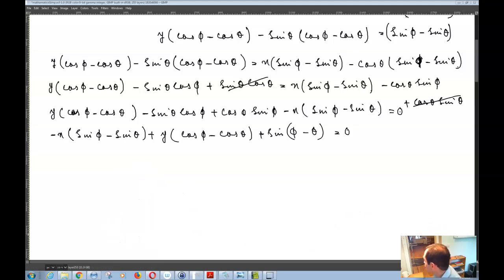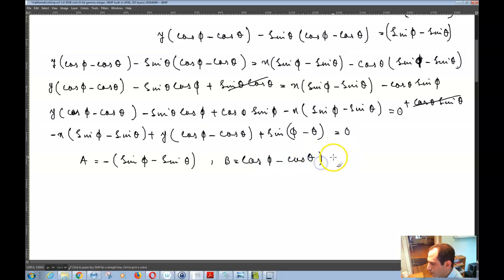Basically everything is hopefully taken care of, and your a over here is basically the coefficient of x, which is equal to negative of (sine phi minus sine theta), and your b is equal to cos phi minus cos theta, and your c is equal to sine of (phi minus theta).